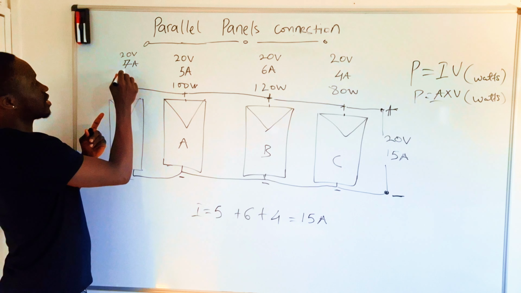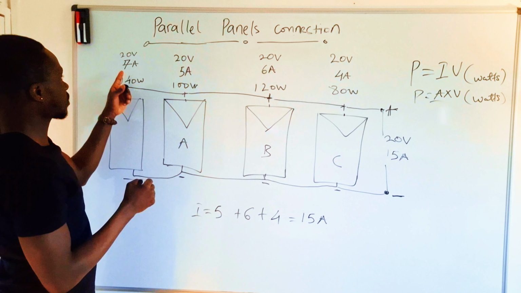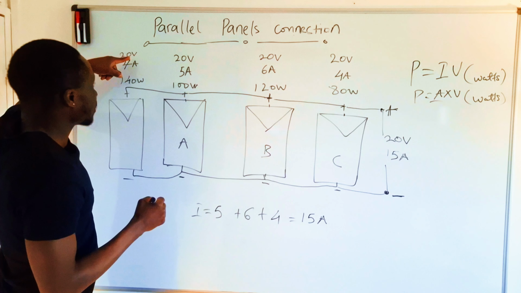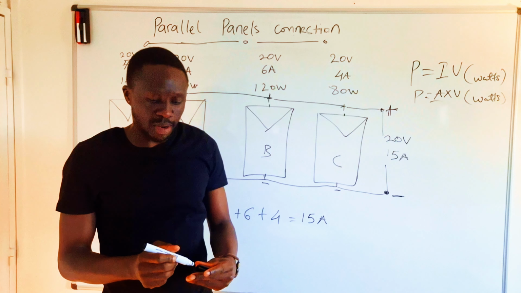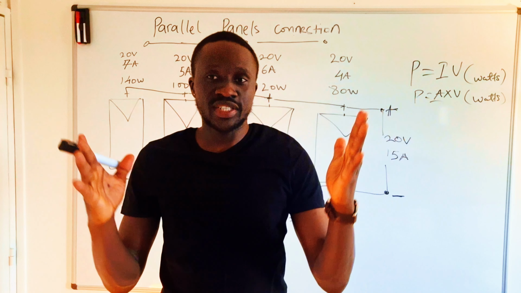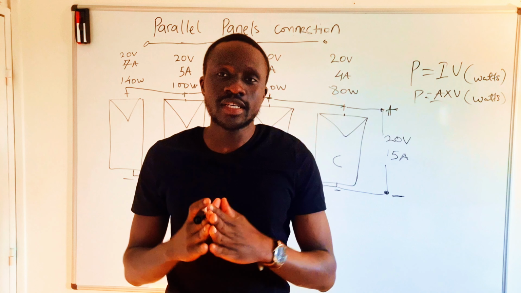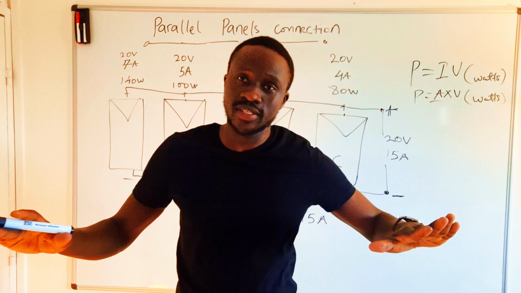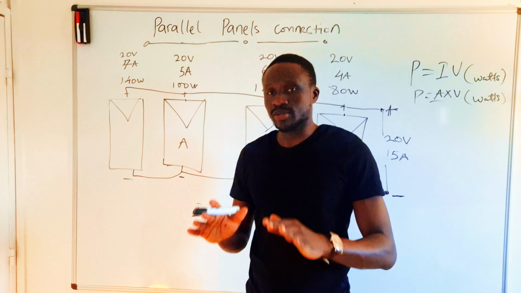This is 140 watts. Still, our 20 volts will not change because in parallel connection, current increases or changes, whereas the voltage remains constant. They don't change. That is only in parallel connection when you're connecting your solar panels.